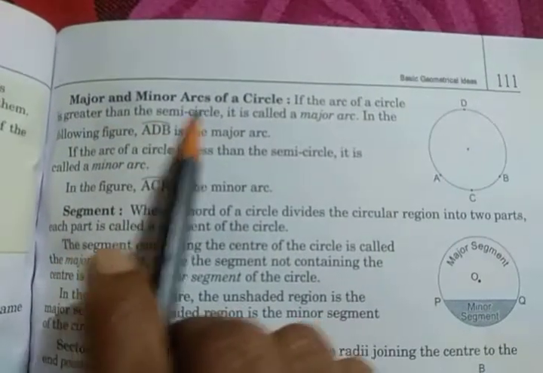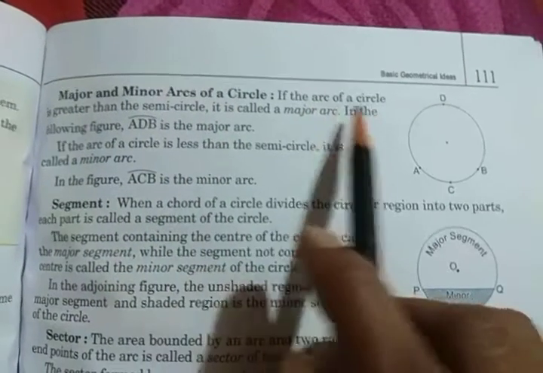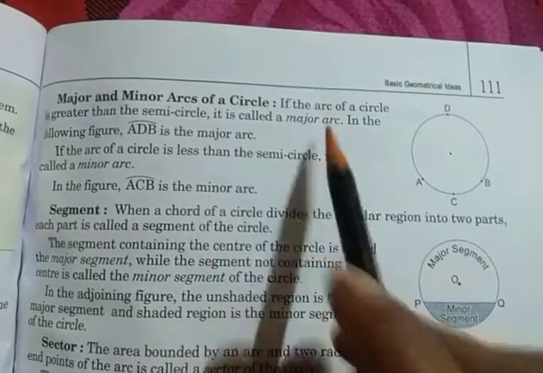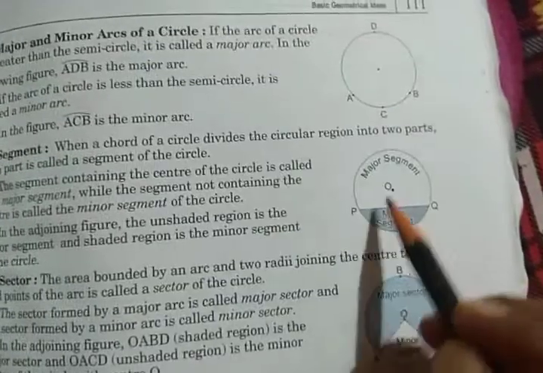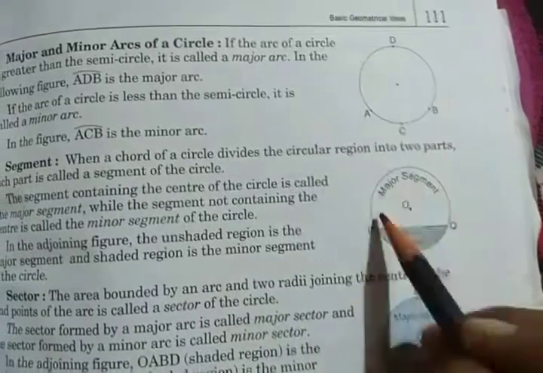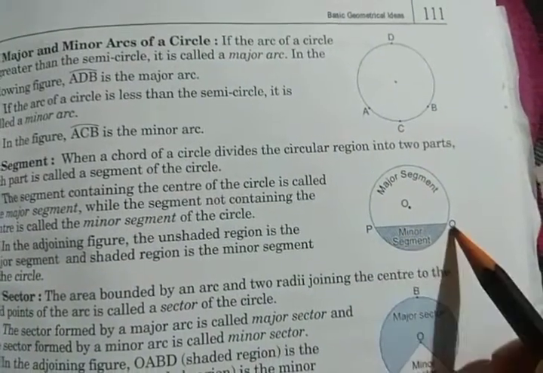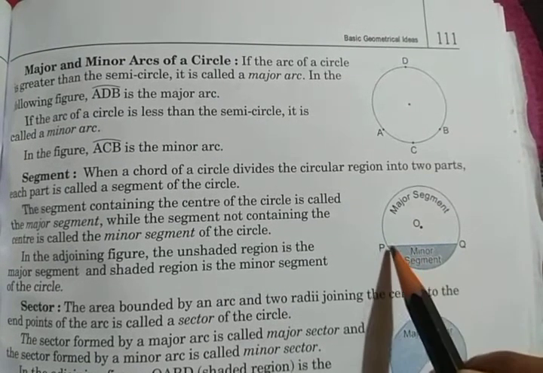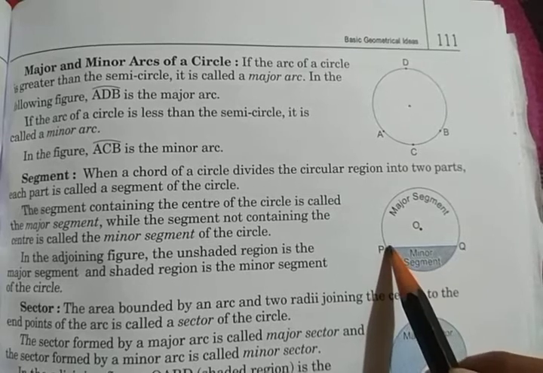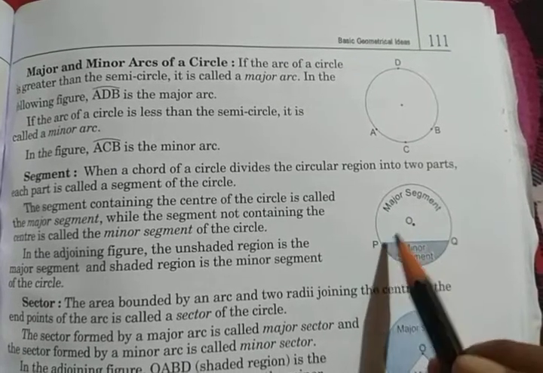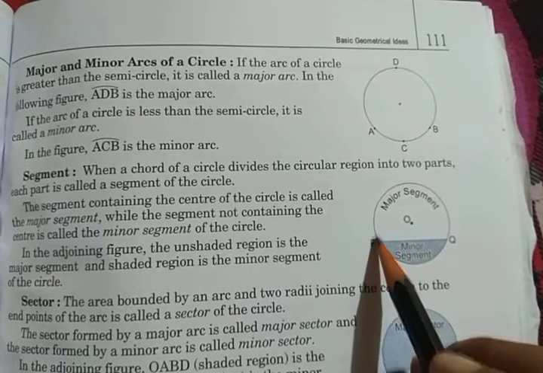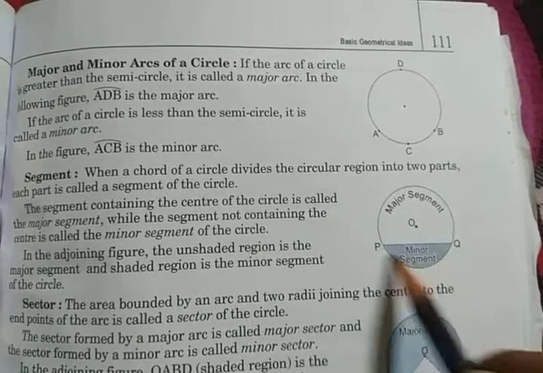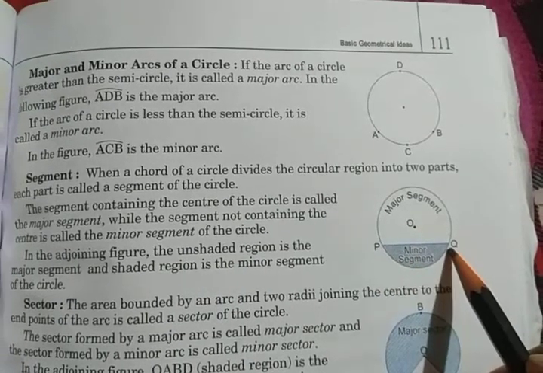Now major and minor arcs of a circle. If the arc of a circle is greater than the semicircle, it is called major. You can see here, this is the major arc and this is called minor. Why? Because the arc PQ is larger than this arc PQ.